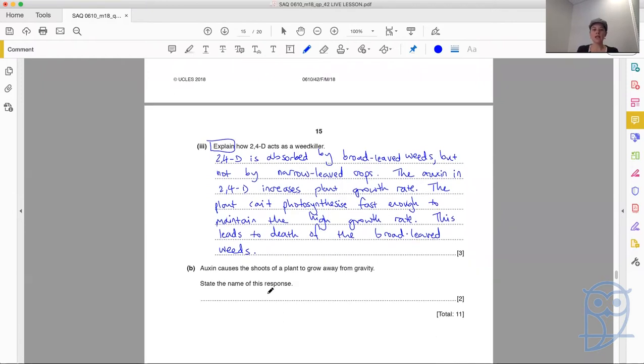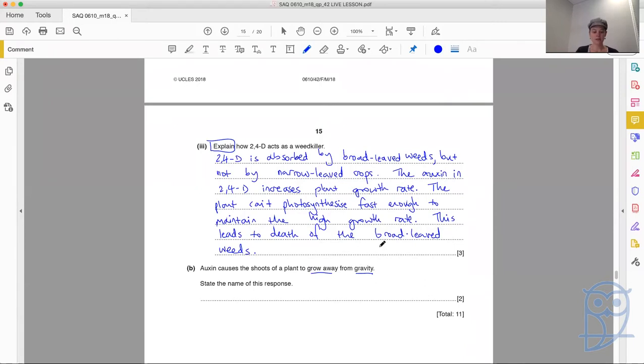So one last little bit before the end of this question. Auxin causes the shoots of a plant to grow away from gravity. State the name of this response. Well, we have 2 types of responses. We have phototropic and we have gravitropic.